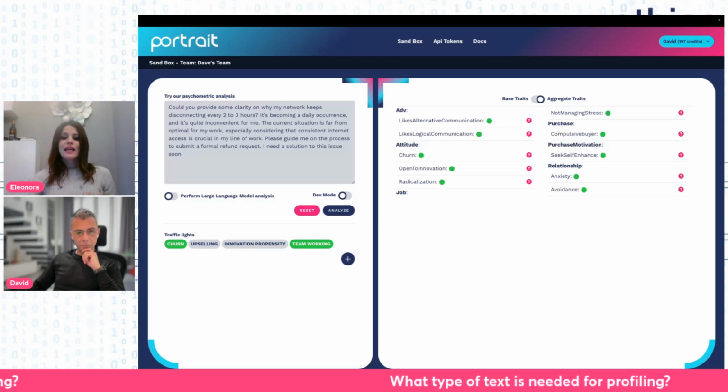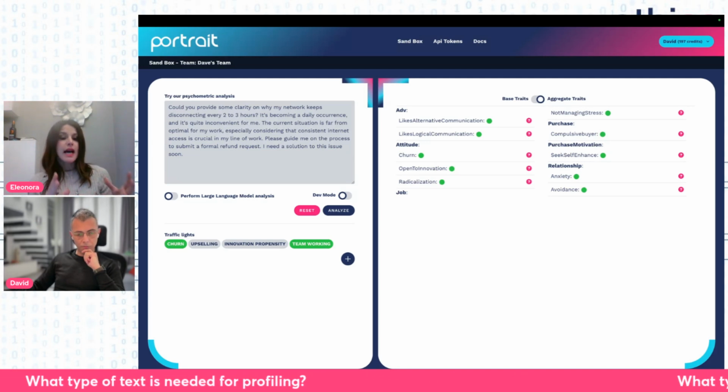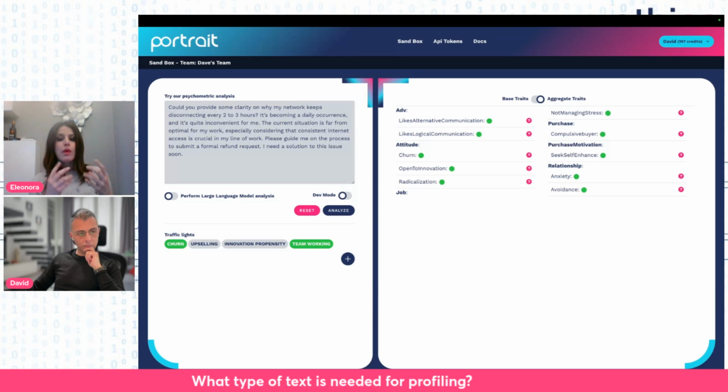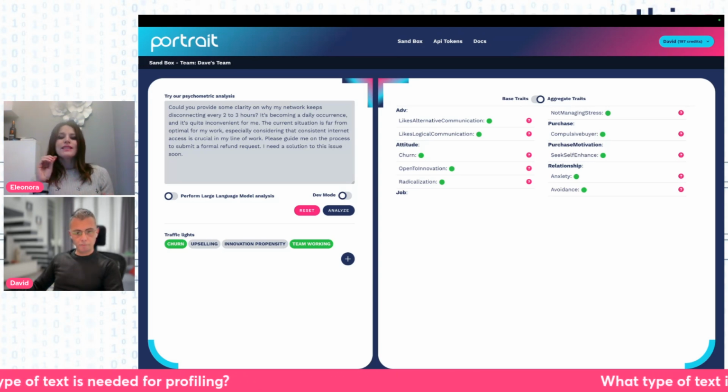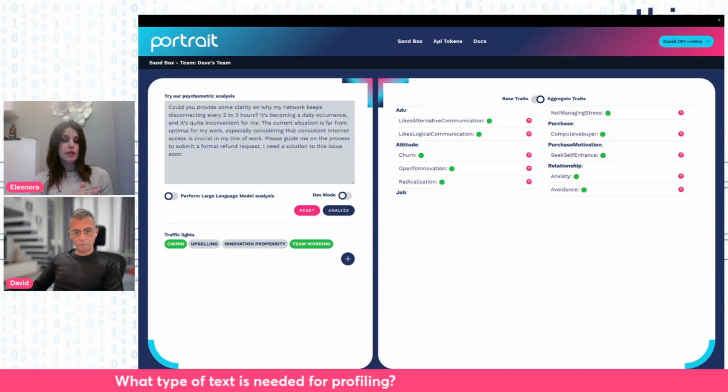Portrait will analyze the frequency of use of our function words, such as adverbs, prepositions, conjunctions, so terms that give structure to our sentences and reveal the way we express ourselves. Also, because Portrait does not make any assessment on the content of the communication, the result of profiling is absolutely bias free.